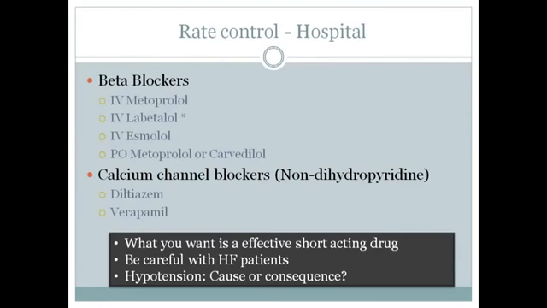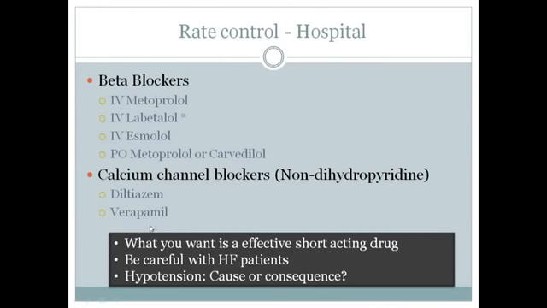And you can titrate it, you can start slow, crank it up, and if you stop it, within 5 minutes, it's gone. The PO metoprolol and carvedilol, we use in the hospital as well. Carvedilol usually causes more hypotension because of the alpha. Calcium channel blockers, diltiazem and verapamil.